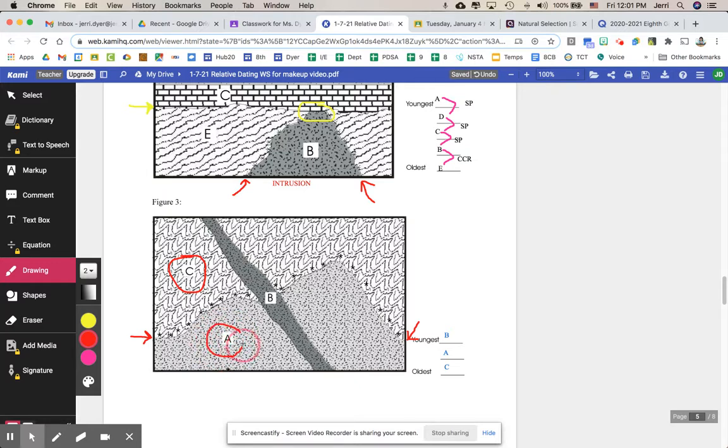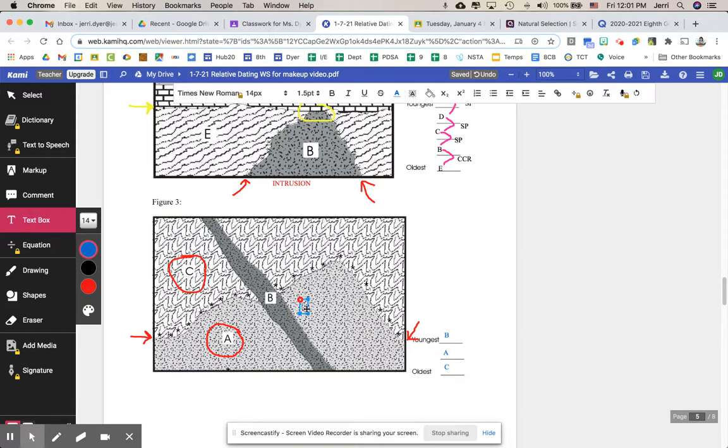A is an intrusion. So we can type that in here. A is an intrusion. That doesn't show up at all, does it? So A is an intrusion into C, and then B is an intrusion that cut through all of the rest.